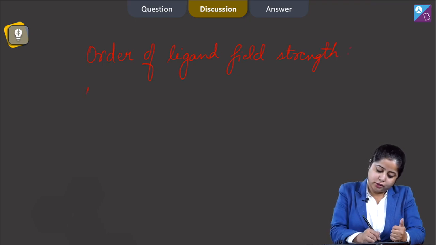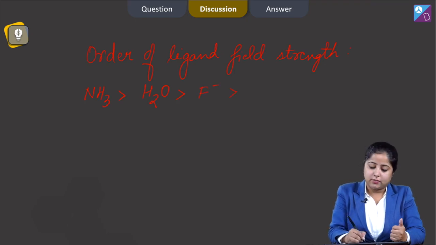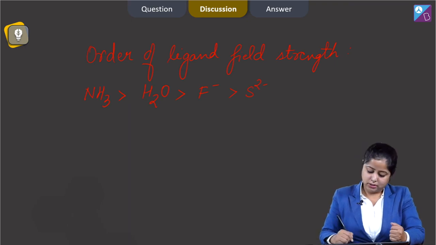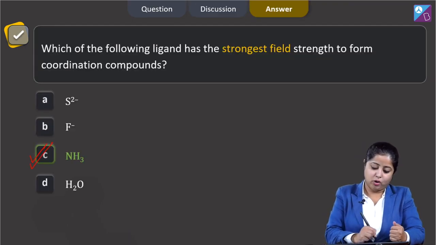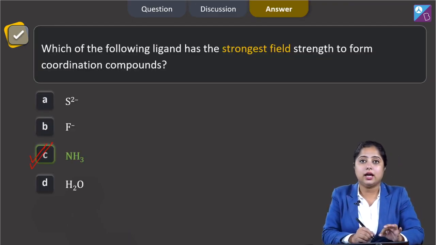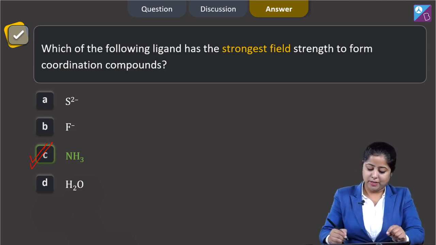Among the following, the strongest is NH3, followed by H2O, further followed by F minus, and the least field strength is of S2 minus. That means the correct answer is NH3, or we can say that NH3 has the strongest field strength to form the coordination compounds.